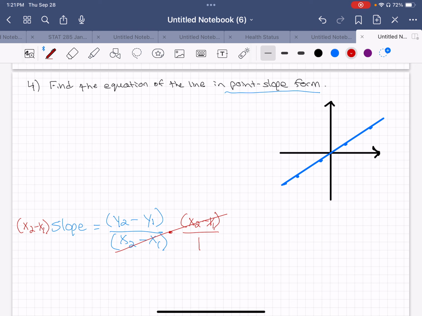So point slope form, usually they might flip it around the equals, but it doesn't really matter. So y2 minus y. Well, actually, okay, then they usually just drop the subscript on the first one.